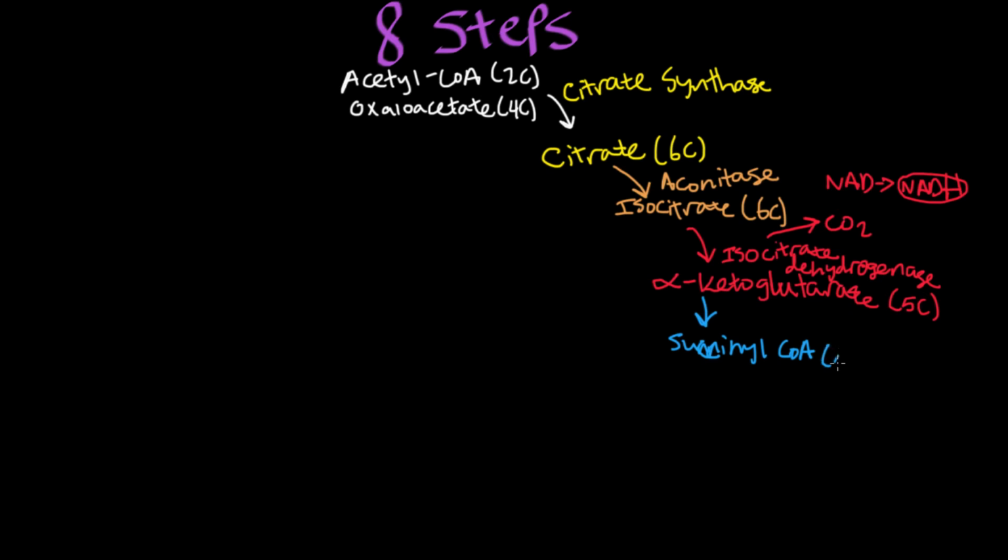This is a 4-carbon compound, and this is catalyzed by the enzyme alpha ketoglutarate dehydrogenase. Sorry for the spelling there. There we go. And once again, we see this going from a 5-carbon to a 4-carbon.